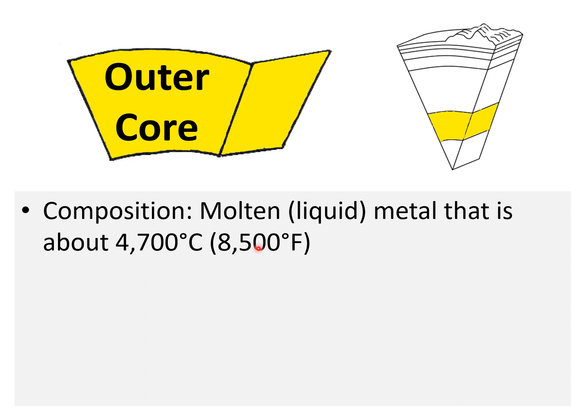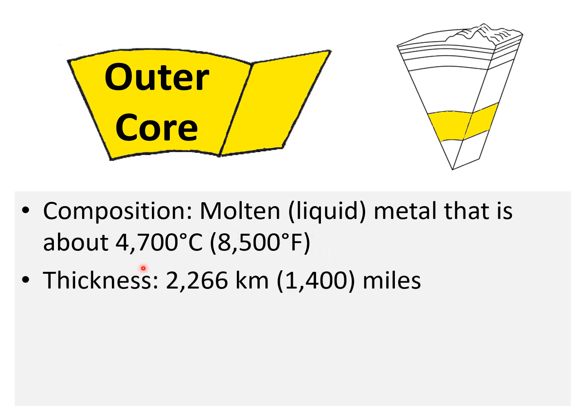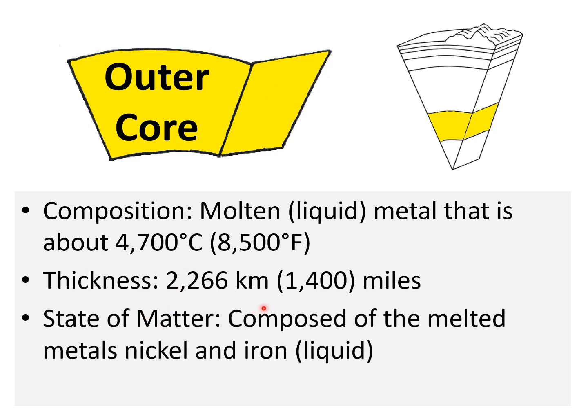Please take note, it is molten liquid metal that is around 4,700 degrees Celsius, and its thickness is around 2,266 kilometers. That molten metal is mostly nickel and iron.